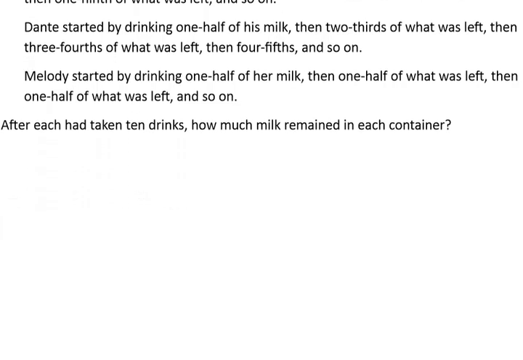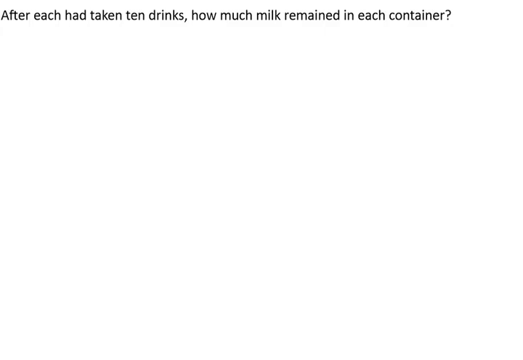Okay, so we're going to make a table to organize that information again. We're going to put the number of drinks on this side, and then we're going to have Alicia, and then Melissa, and Dante.